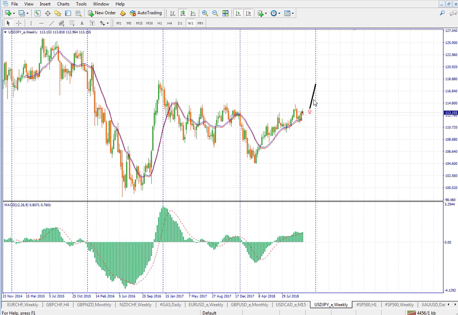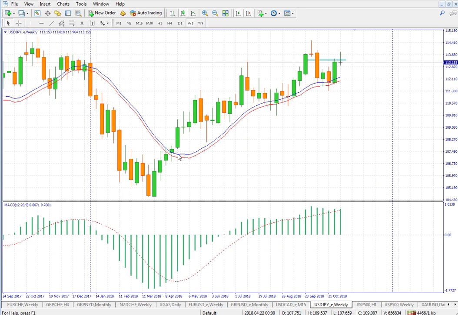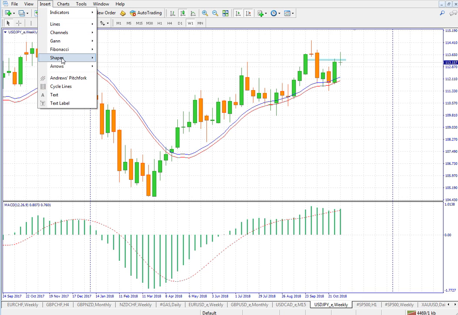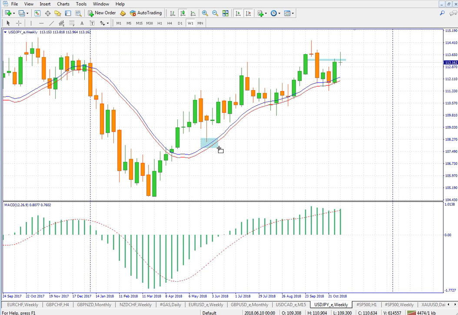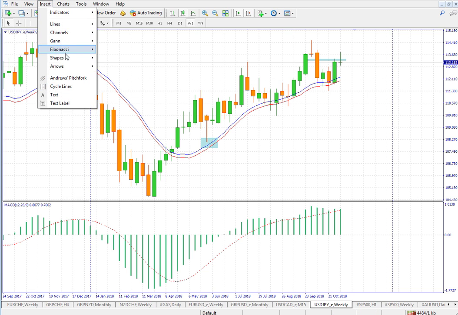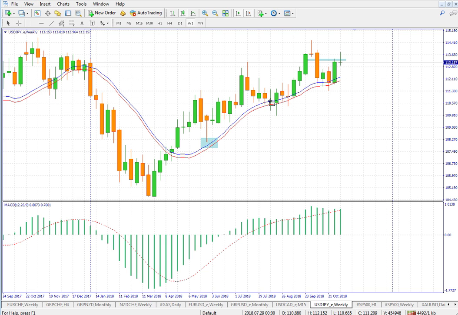We have this line. So on the weekly chart this dynamic support has been holding for some time. There is this support, or it was not touched properly, and then we also have this support like that. Then we also have this support.